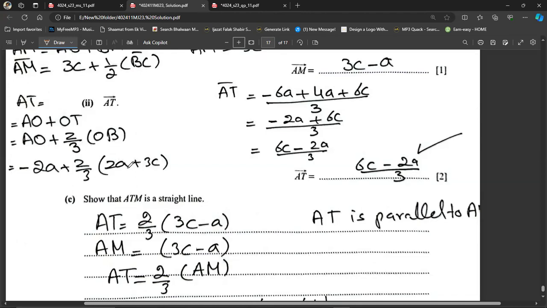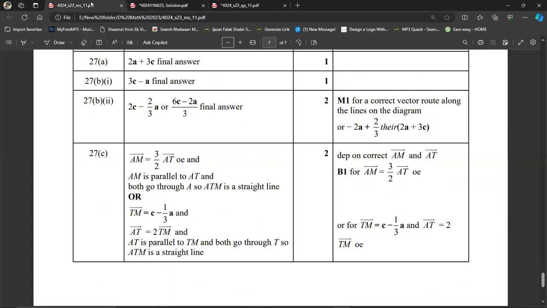So now you take the LCM. You will have minus 6A plus 4A plus 6C, the whole thing divided by 3. So you will have minus 2A plus 6C divided by 3. You can write this positive first. So you have 6C minus 2A, the whole thing divided by 3.